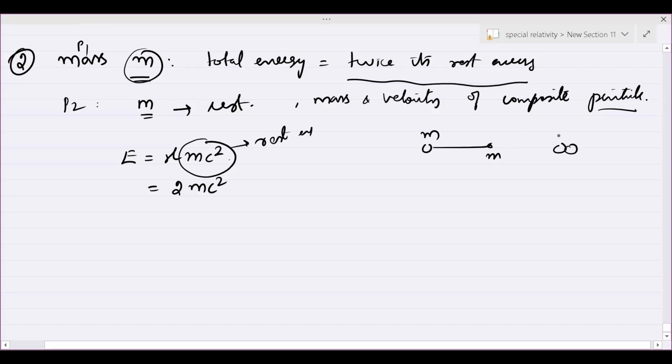What's the mass and velocity of this thing? That's the question. One way is to write E equal to gamma mc squared, solve this to get velocity, and then find the momentum, etc. Because gamma is equal to 2. You can try this method at home.